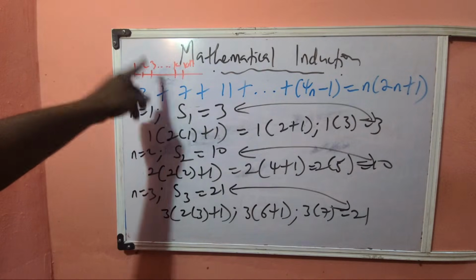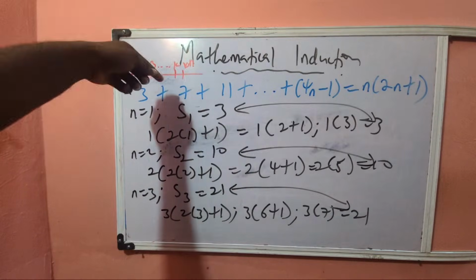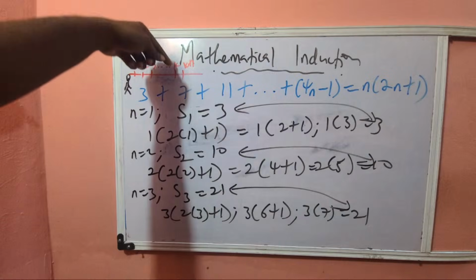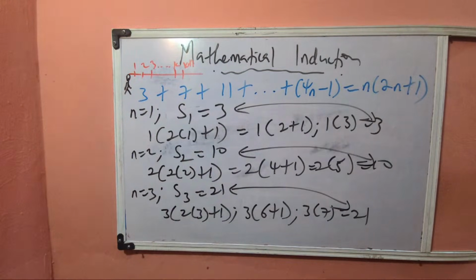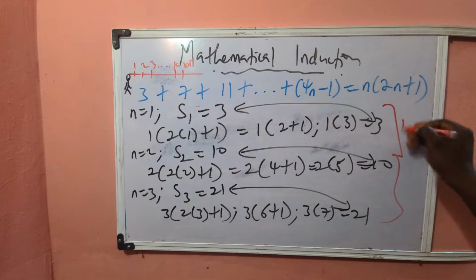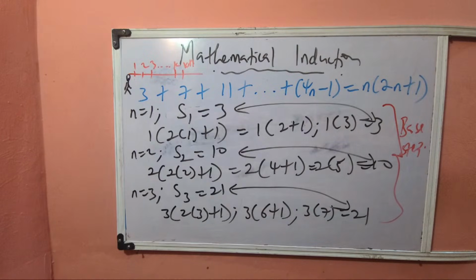Third step, it works. You can assume that if I kept on working, on the 4th, the 5th, the 6th, if I worked on the kth one, it's still going to work. Since I've tested for 1, 2, 3, it's going to still work for the k. So all these 3 things we have done here are your base step. These are what we can relate to.